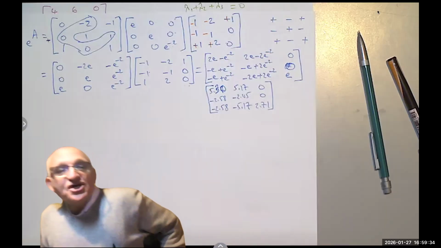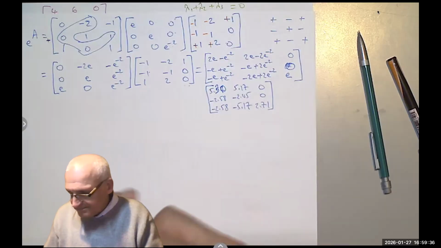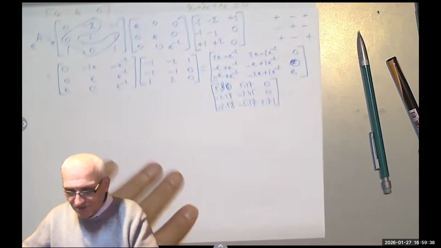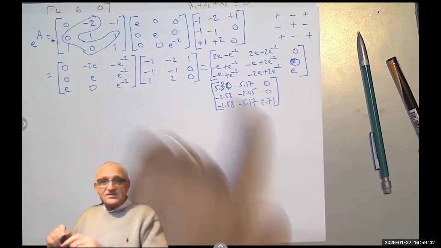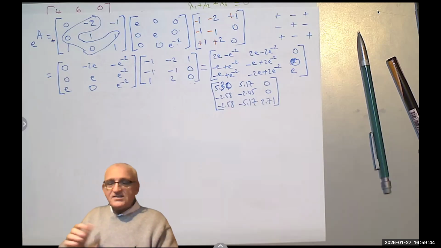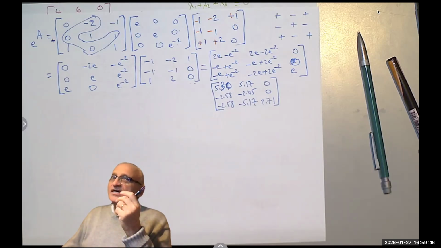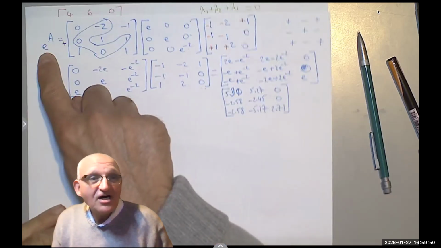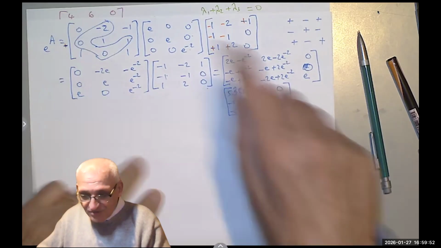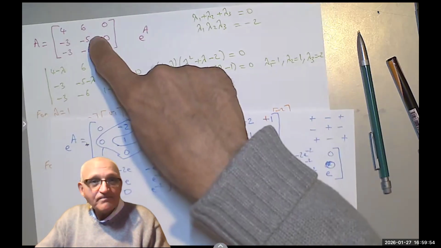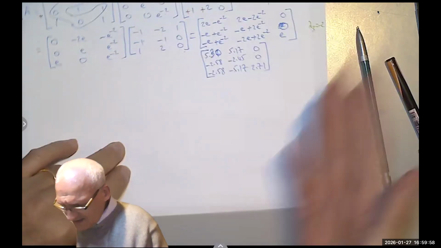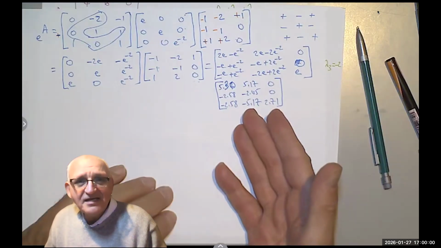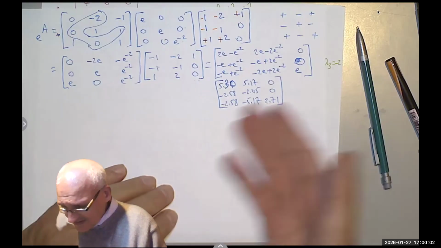Now, how do I check my answer? You don't need to worry about that. I'm just saying, suppose I want to make sure that my numbers are correct. Somebody would say, I hear you, take the natural log of that. You should get back what you had. Yes, but how can I find the eigenvalues and eigenvectors of this mess?